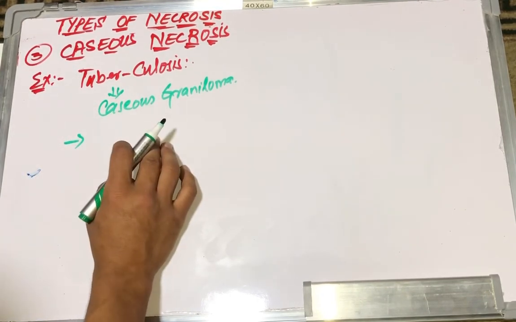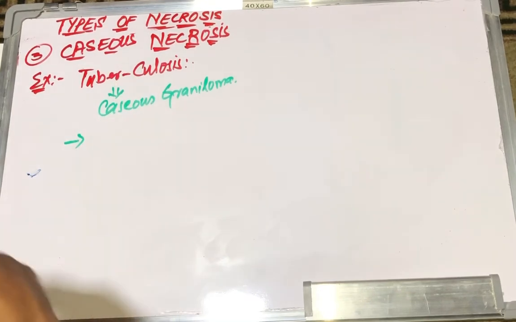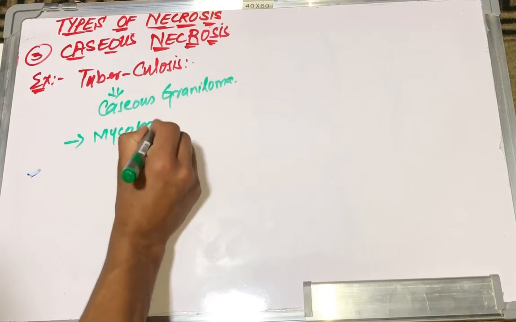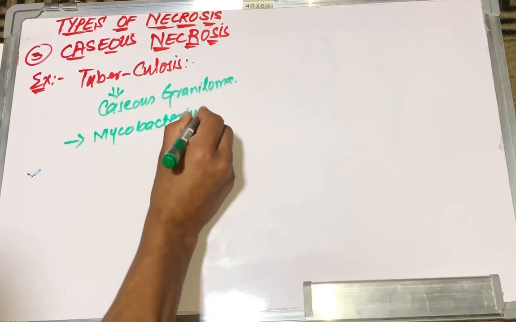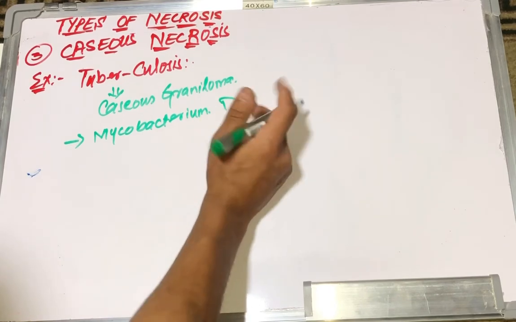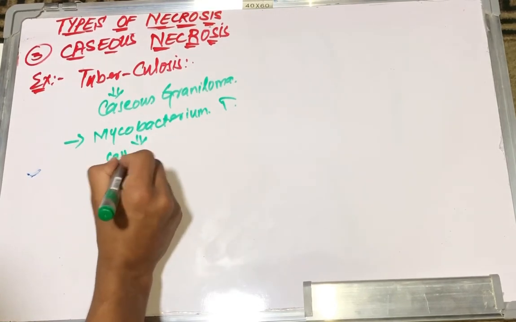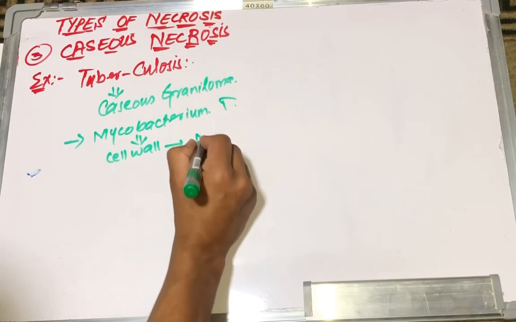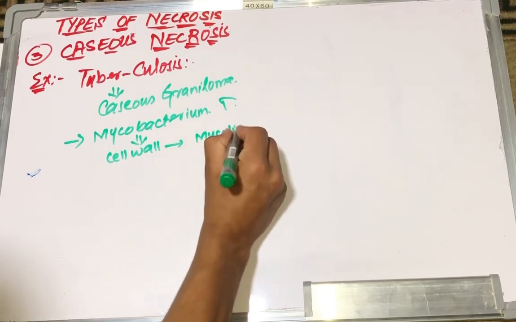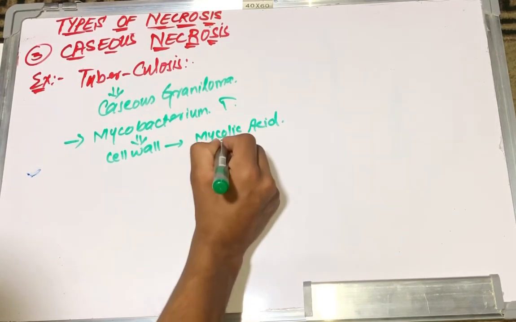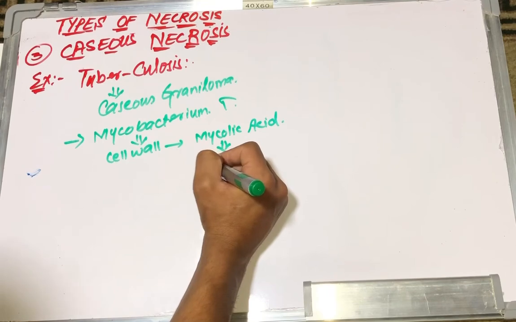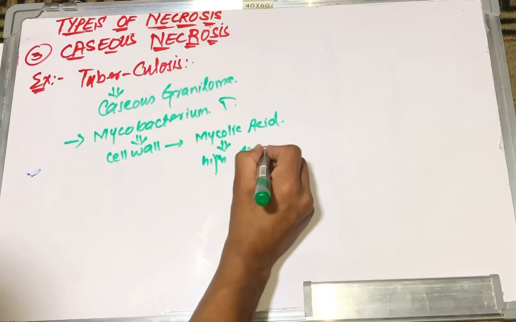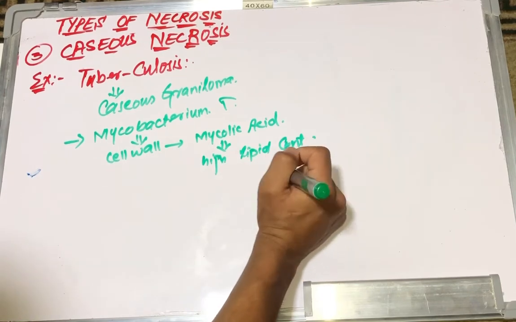As we already know, tuberculosis is a disease caused by a bacterium called Mycobacterium tuberculosis. The cell wall of this bacteria is made up of mycolic acid, and this mycolic acid has a very high lipid content.